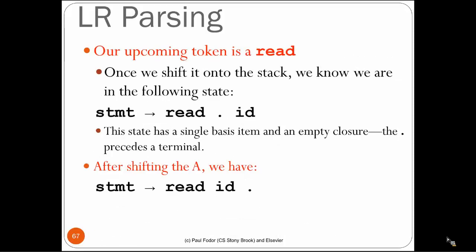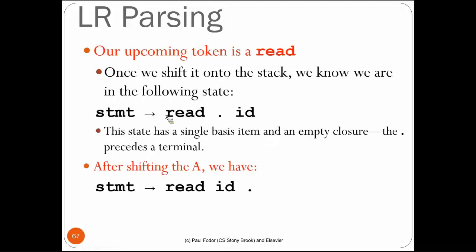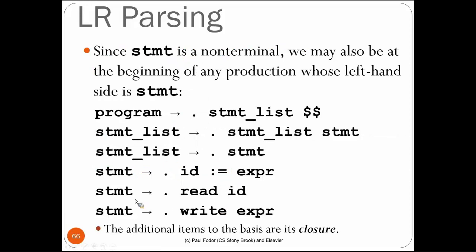So now we actually take the next token in the input stream. These are the next production rules that can be applied. And now the upcoming token is a read. So we can look at all of these production rules, and the only one that starts with the token read is the fifth one.